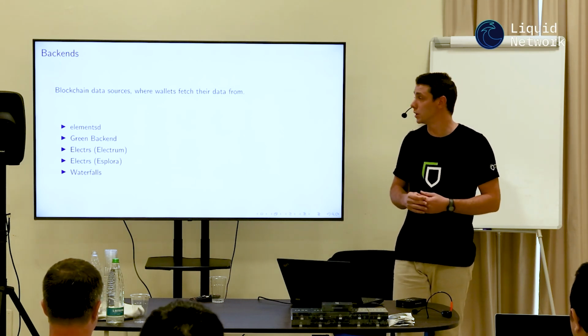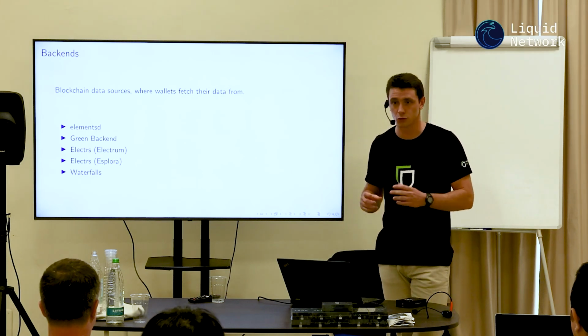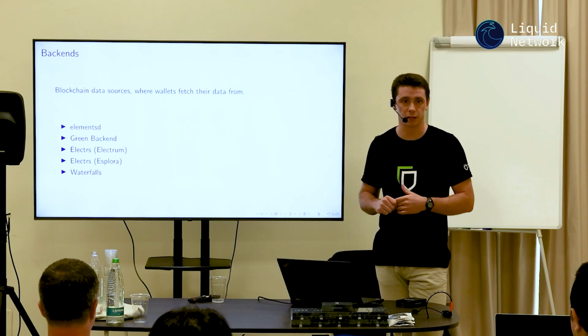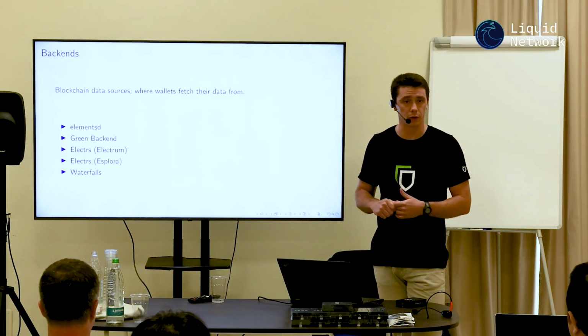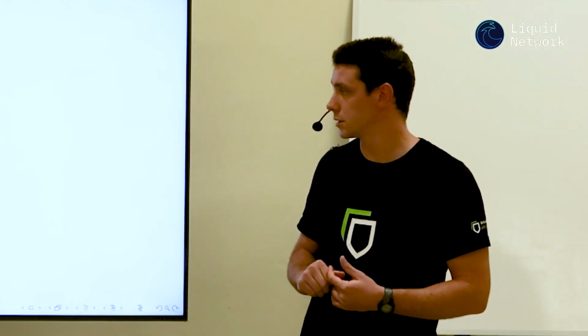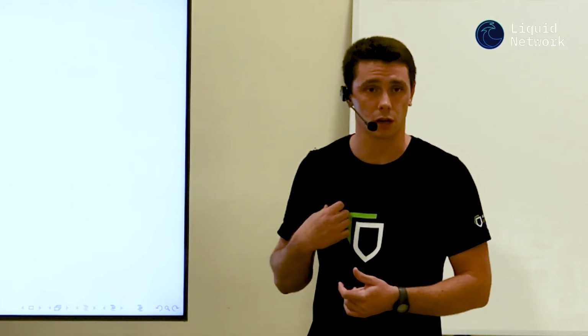And also in Liquid, this is very similar to the controversial approach of sharing an extended public key with the server, which some people really do not like. But on the Liquid side it is slightly better because the server cannot unblind our transactions.